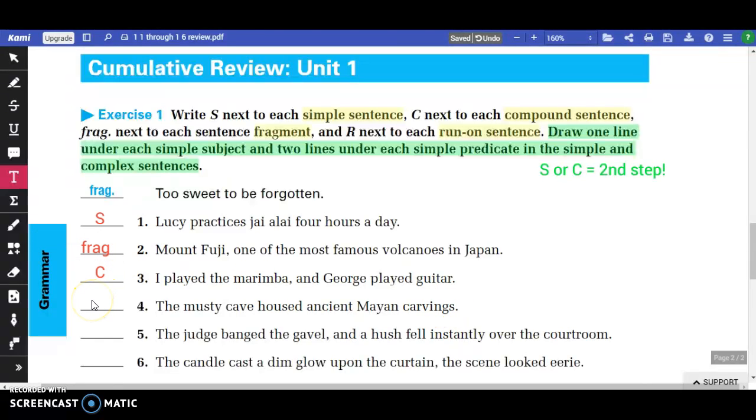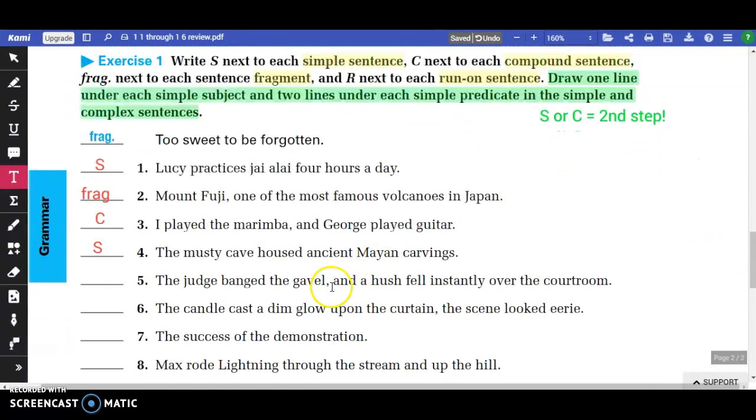Because this is a complete sentence, I'm going to write S because it's a simple sentence. 5. The judge banged the gavel and a hush fell instantly over the courtroom. This is a compound sentence because the judge banged the gavel could be a sentence by itself, and a hush fell instantly over the courtroom could be a sentence by itself as well.